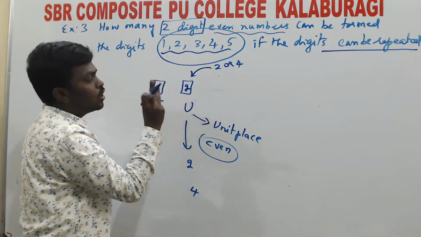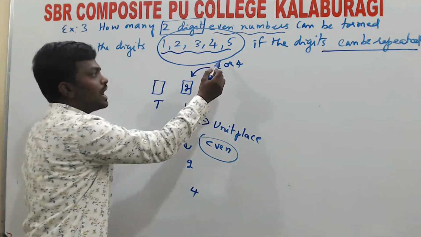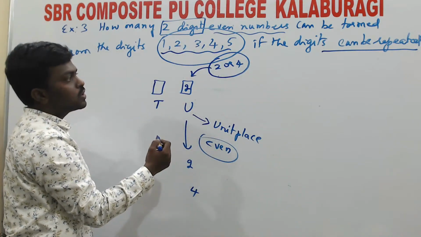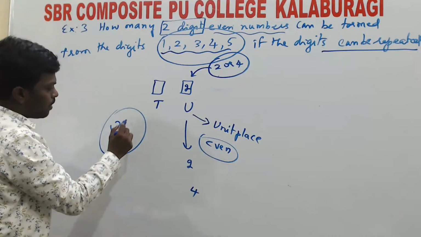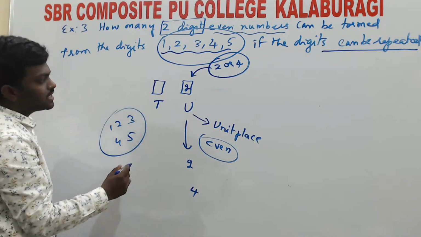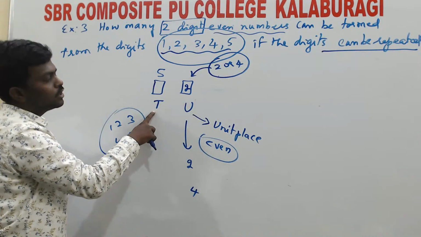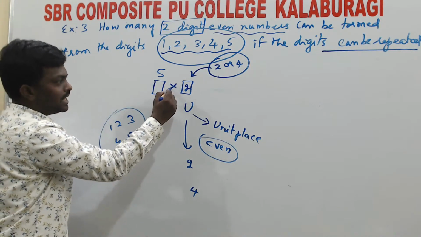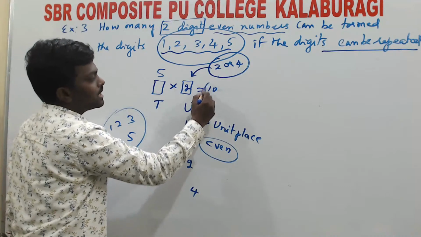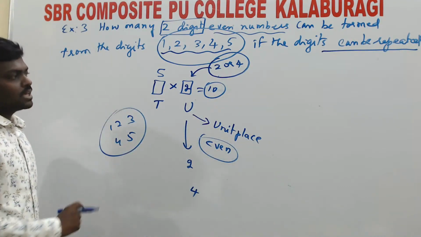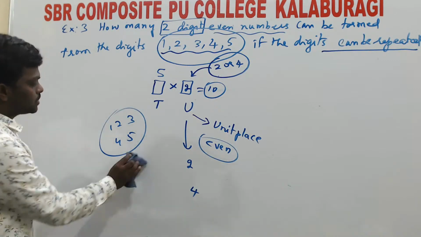How many options? 2 options, right? After filling, you can use the digit again, so we are left with all the 5 digits. So how many options to fill the tens place? 5. Now it's a complete event. So how many such numbers can we form? 10 numbers. Okay, the same thing we can write down in the solution.